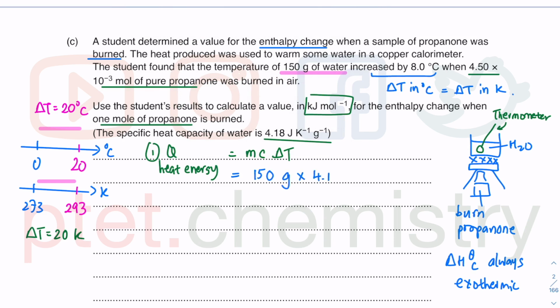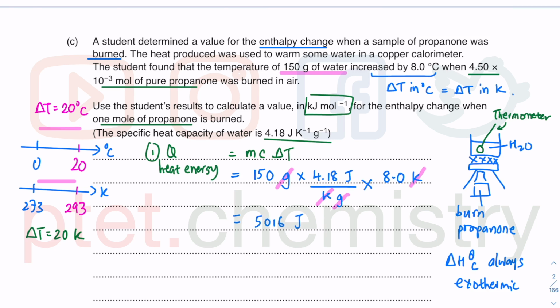So that's 4.18 joule per Kelvin per gram. And this is the change in temperature in degrees Celsius. It's the same in Kelvin, so it's 8.0 Kelvin. You can see the per Kelvin and Kelvin cancel, gram and gram cancel. So just pressing your calculator, follow the units very carefully, and you should get 5016.